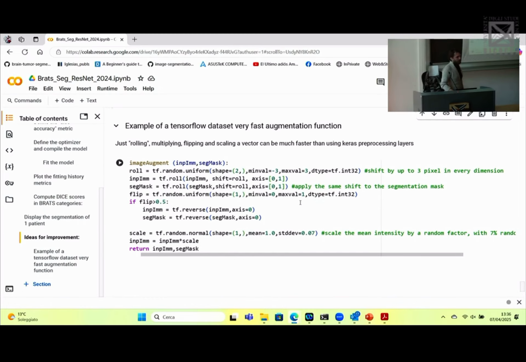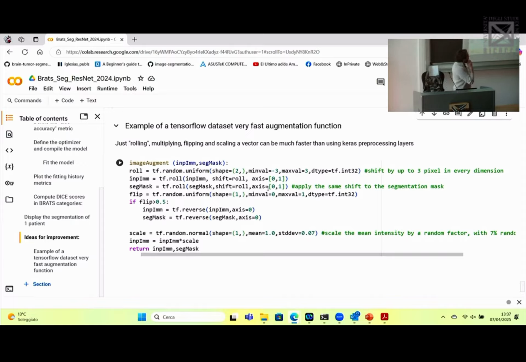So now for the translation, to use as little computational resources as possible, instead of interpolating the image in a new range, we just roll the array of a random integer number of pixels.